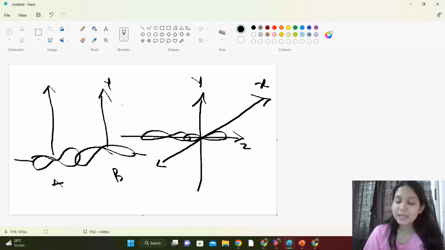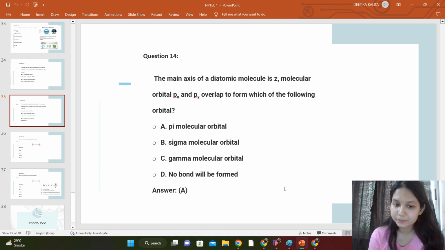Yes, of course, from the question it is not clear, but to answer the question you will have to consider px orbitals of the two atoms and py orbitals of the two atoms separately. Then only the px and py can interact to give you pi molecular orbitals. Is it clear, Payal?